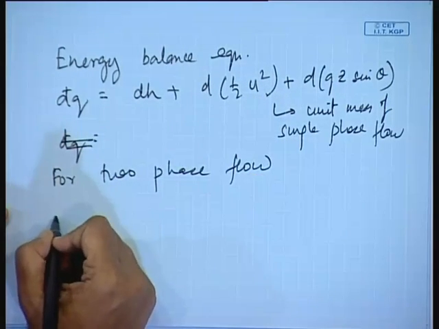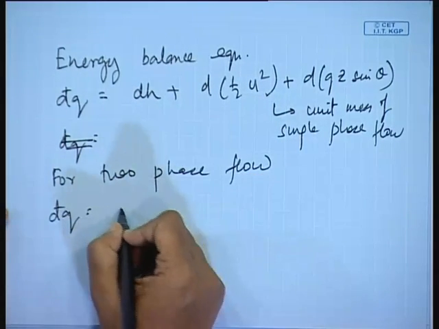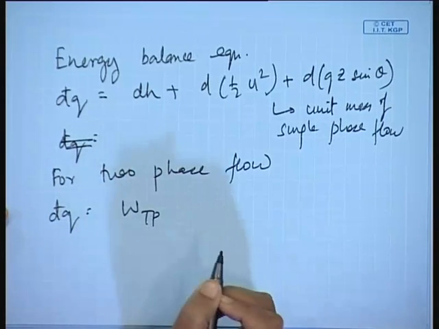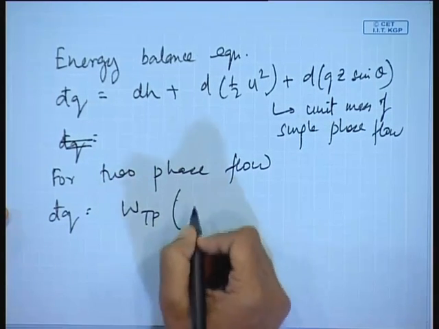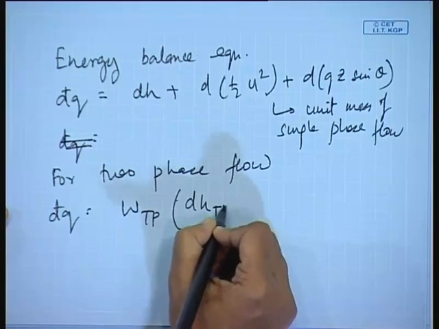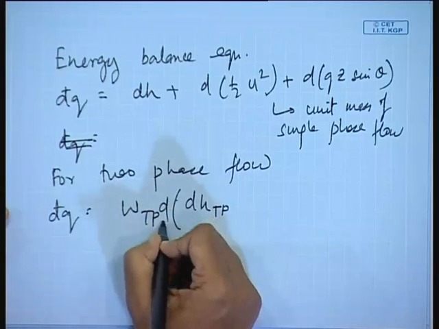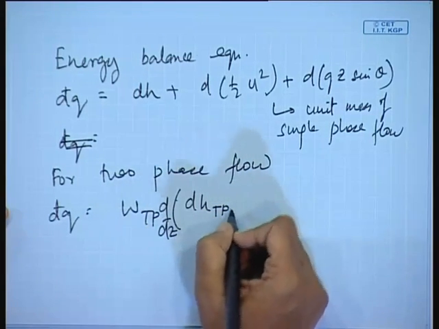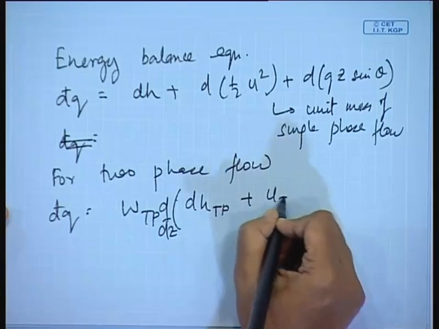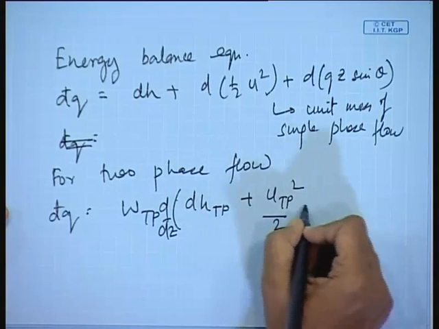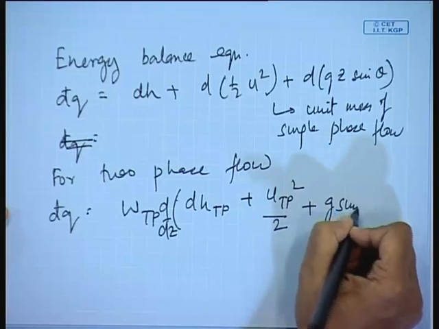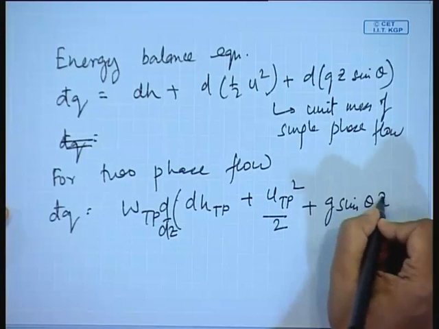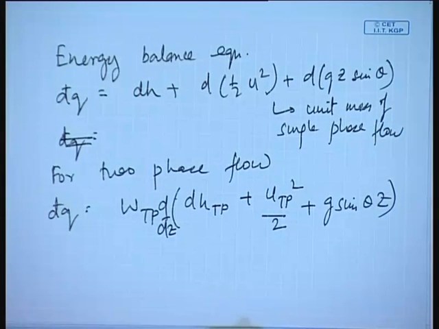For two phase flow, this is going to be dq equals to, if it is not for unit mass, then we will put a W TP, d dz of dH TP, sorry, plus u TP square by 2 plus g sin theta into z. This is the energy balance equation that we can write.